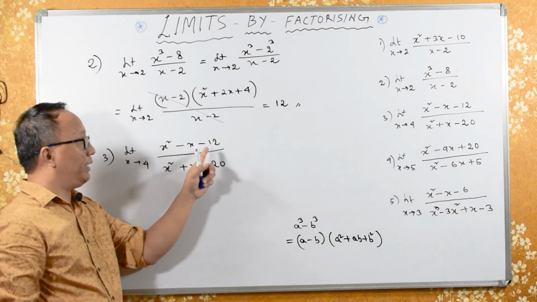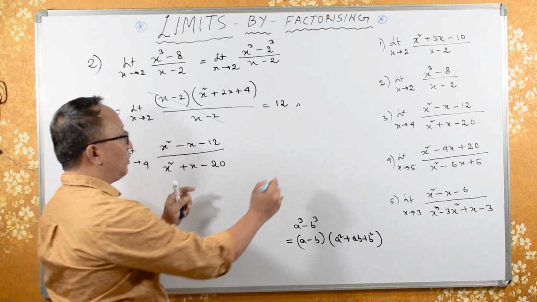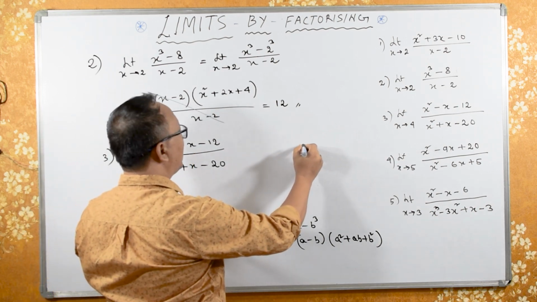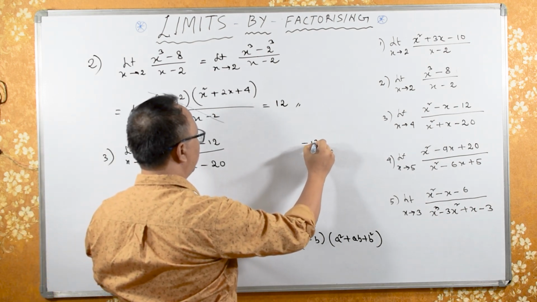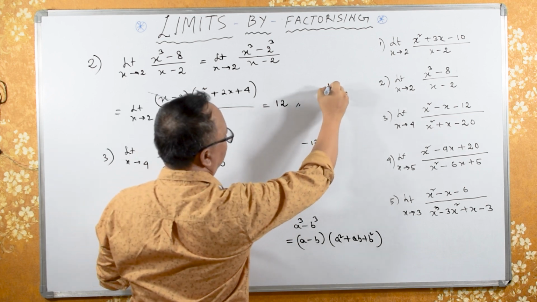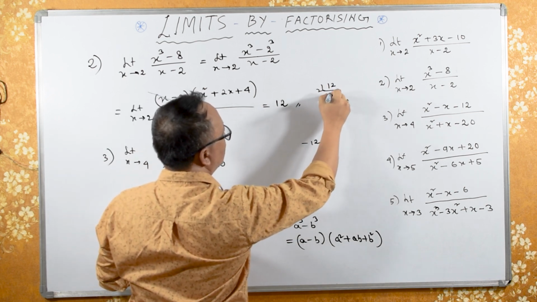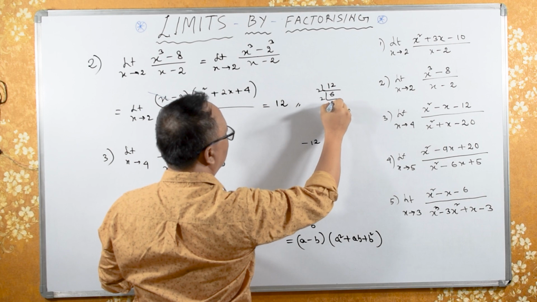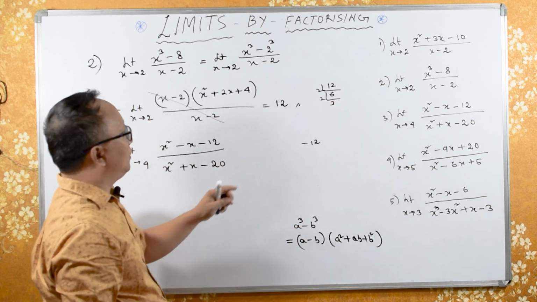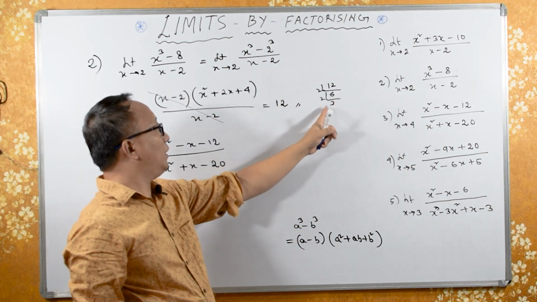Now we have the coefficient of x² as +1. Here we have −12. If we multiply +1 and −12, we get −12. Let's factorize 12: 2 × 6, 2 × 3, so we can combine 4 and 3.